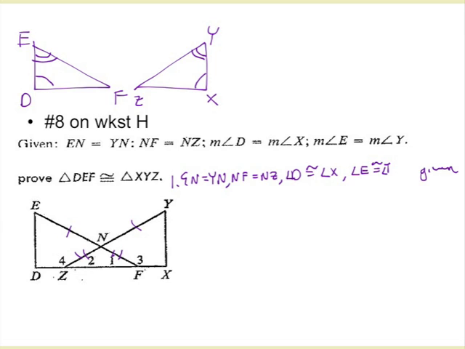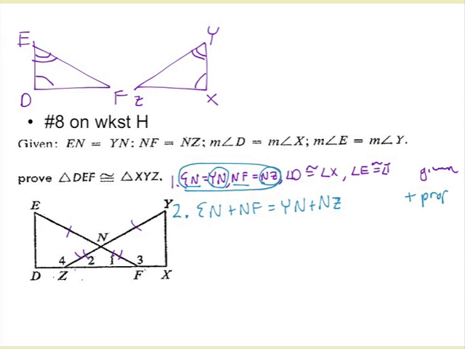To do that, what we're going to do is take these 2 pieces of given information and combine them by adding together the left sides and setting that equal to adding together the right sides. So I'm just adding together the left sides and adding together the right sides. Our reason on that is addition property of equality.